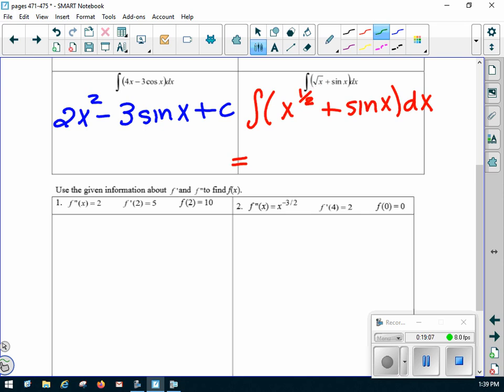So it's going to be x to the 3/2, but dividing by 3/2 is the same as multiplying by 2/3. What's the rest of it? Minus cosine. You sure it's minus? Yeah. Good. Questions so far? Okay.